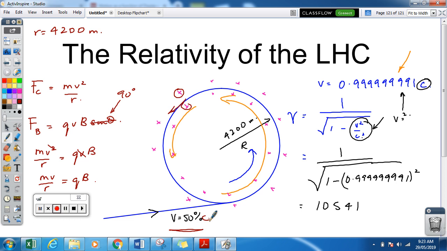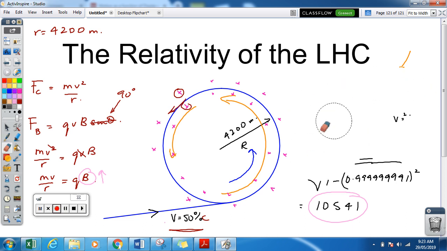Okay, the magnetic field strength will have to increase as the mass of the proton increases from its first relativistic mass to its final relativistic mass, which is 10,541 times its original mass. Okay, so let's start with the original mass on entry. So let's get us a place to work with.